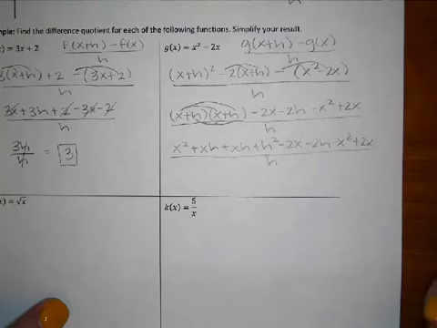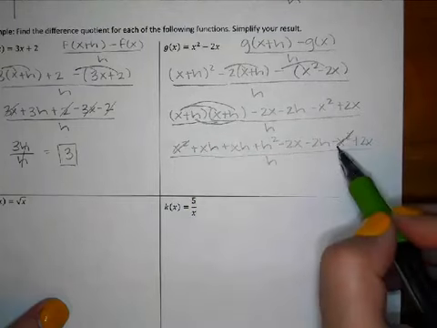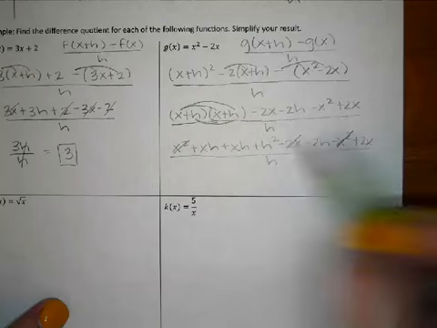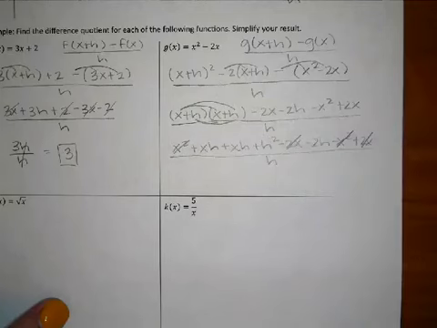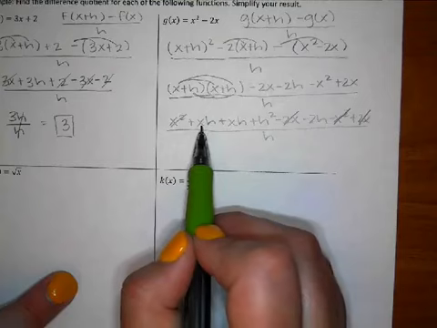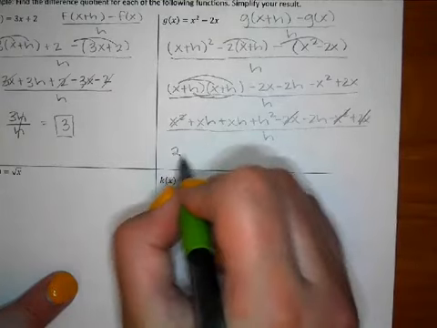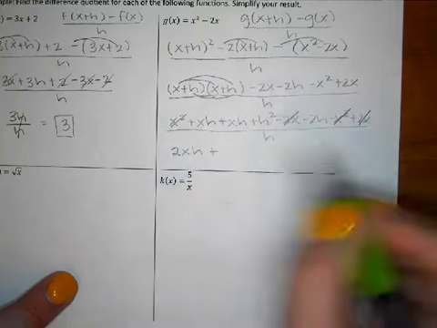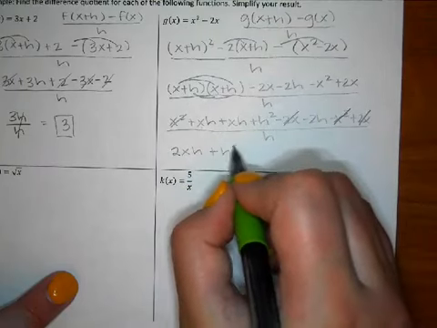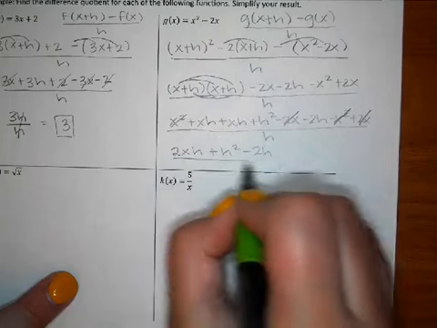So x squared, 2x. So I'm left with, I have one xh and another one xh, so altogether that's 2 of them, plus h squared minus 2h, and all of those are divided by h.